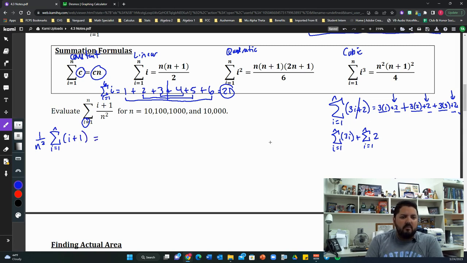And now, because this inside has more than one piece to it, I am going to split this into two separate sigmas. But each one would have the 1 over n squared in front, because I pulled that out in front before separating it.